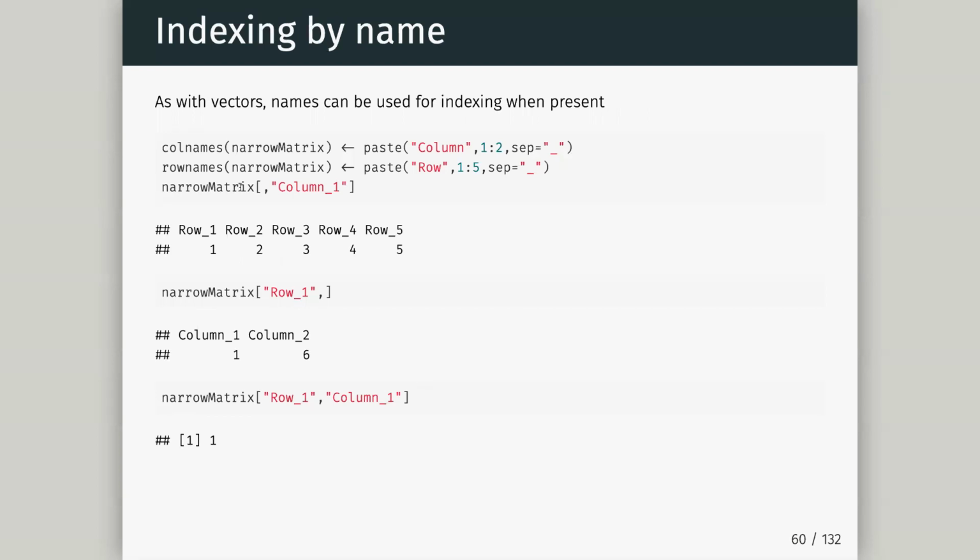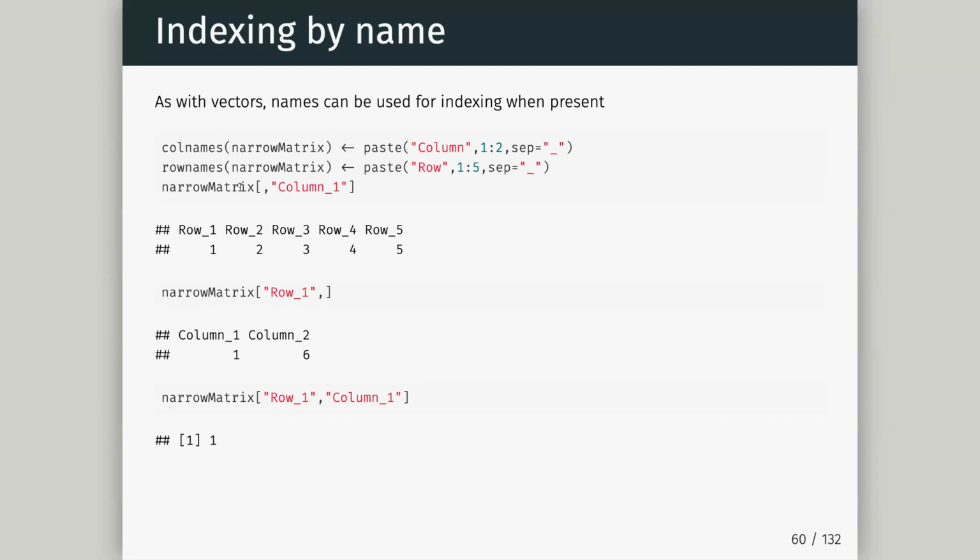As with vectors, I can also take advantage of column names and row names. So I can use these names I've allocated to pull out a particular index. This makes even more sense with things like tables.